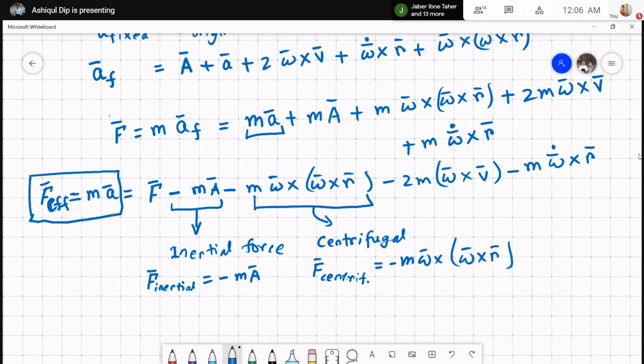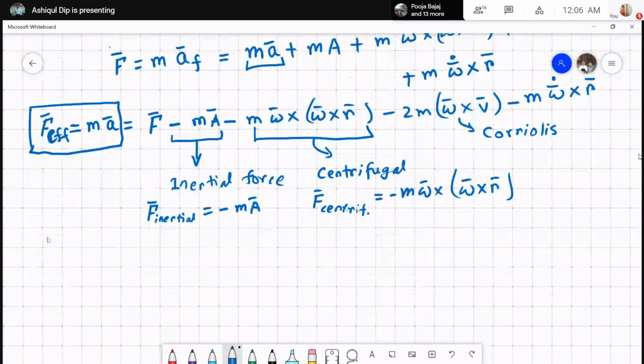What about this one? This is your Coriolis force. This is negative 2m omega cross v, right? And then you have your final term.